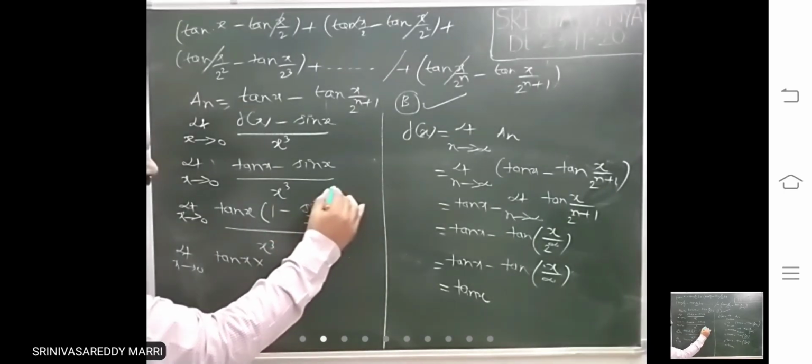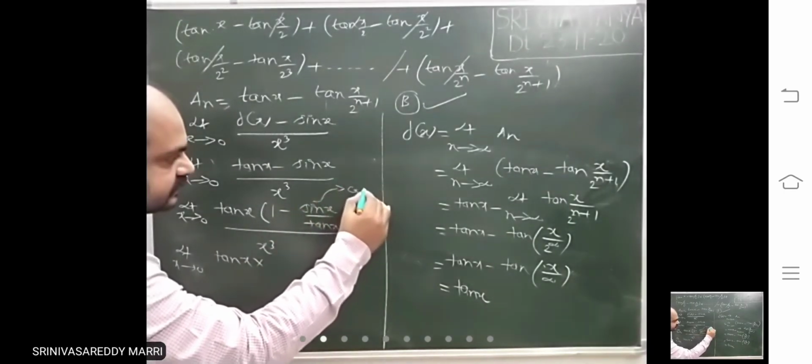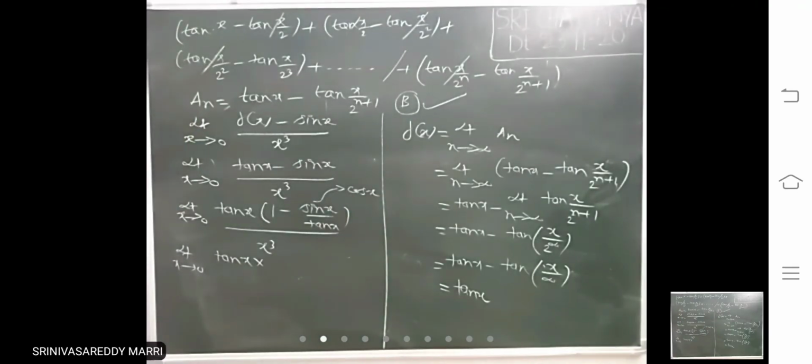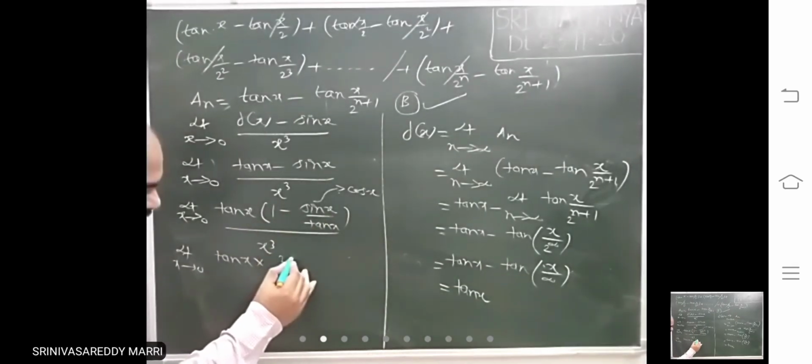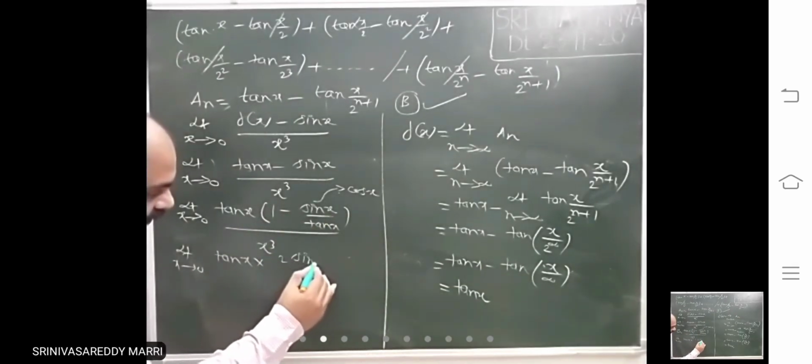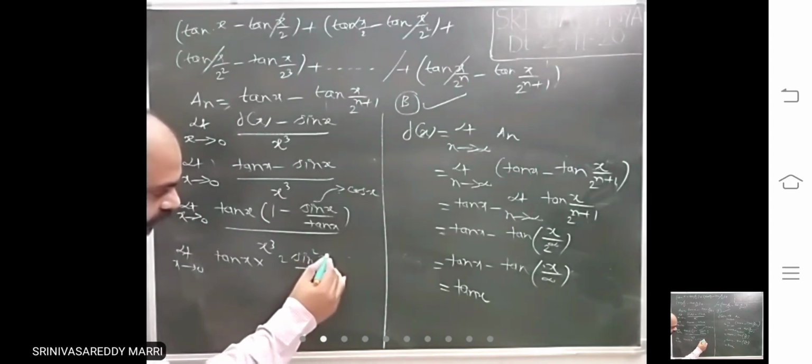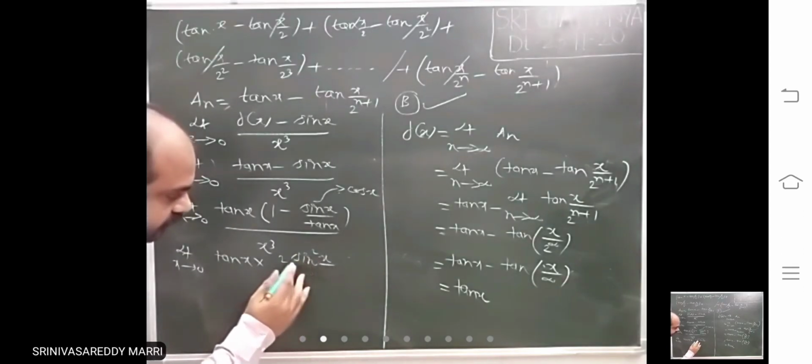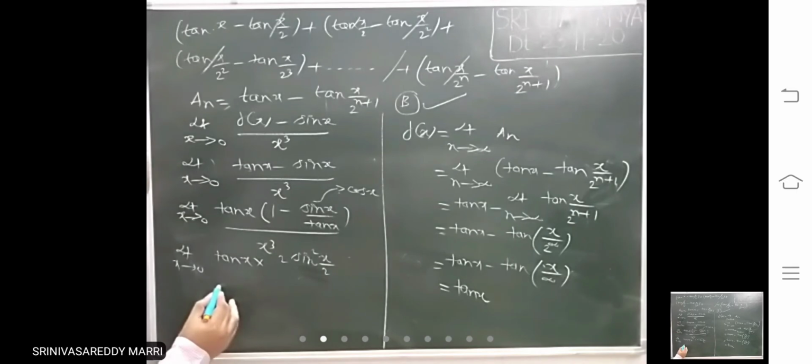So this will become what? This is sin x divided by sin x by cos x, it will become cos x. 1 minus cos x is what? 2 sin square x by 2, whole divided by x cube.